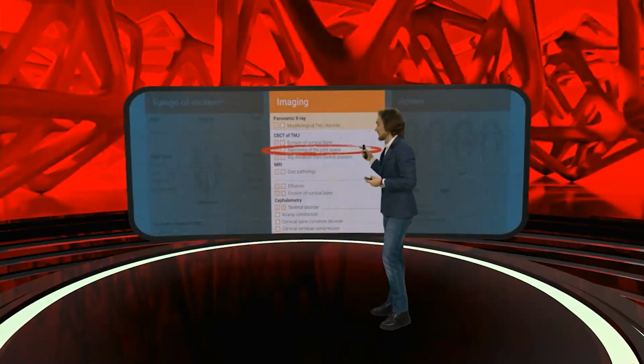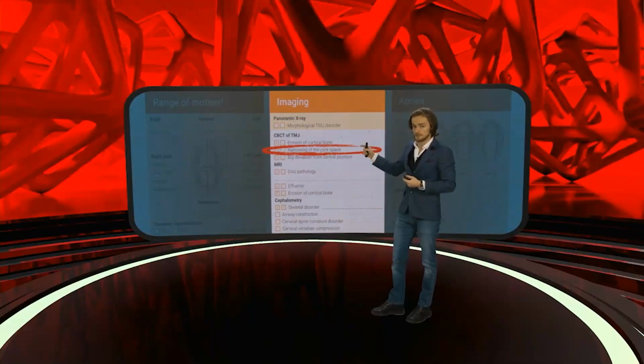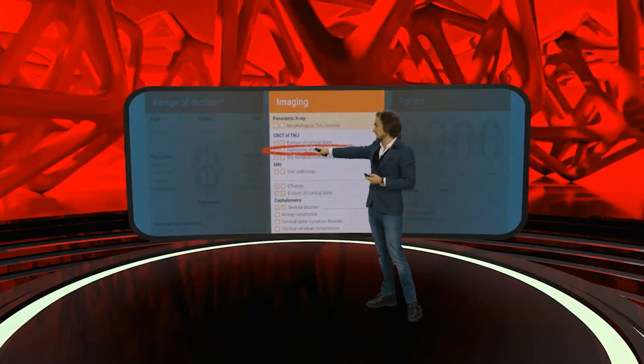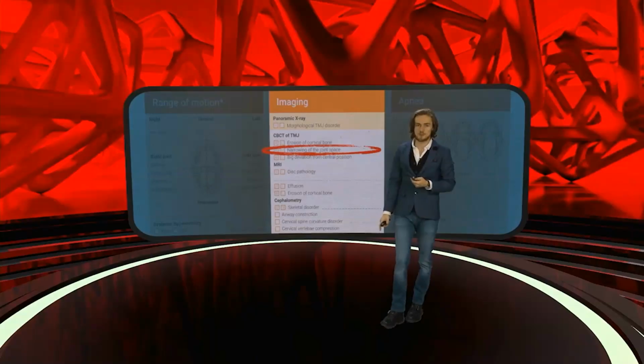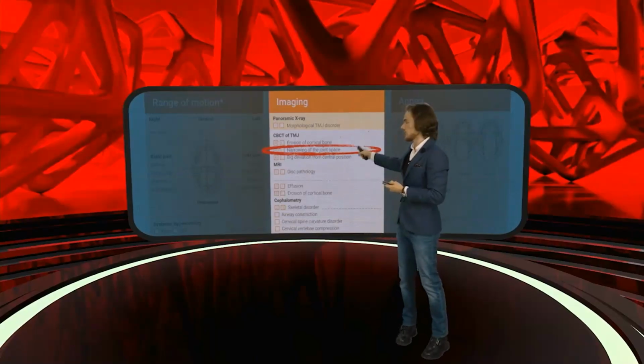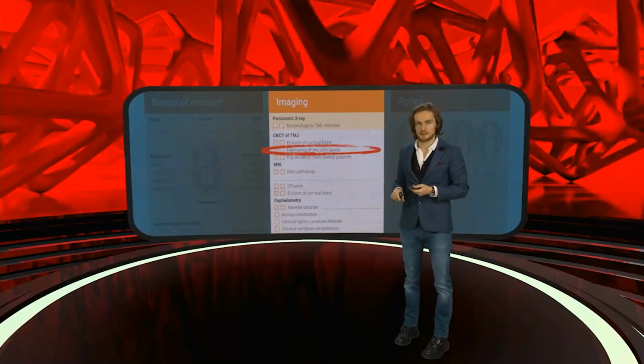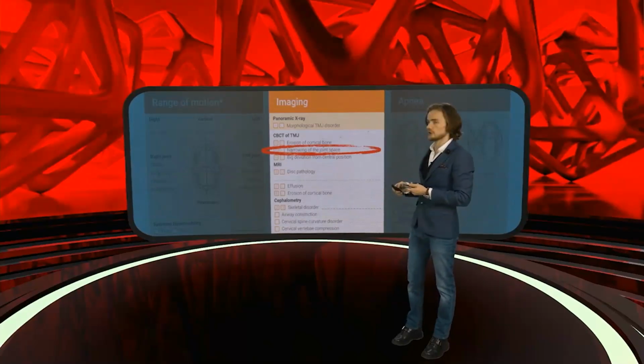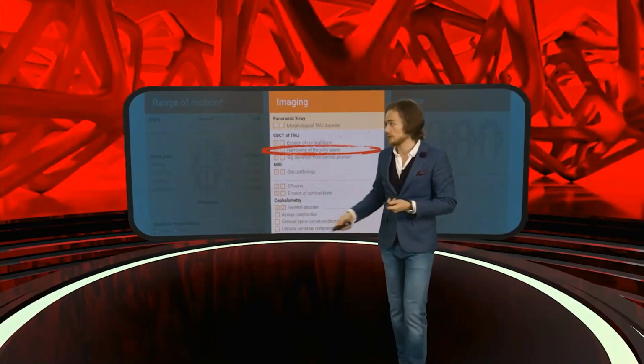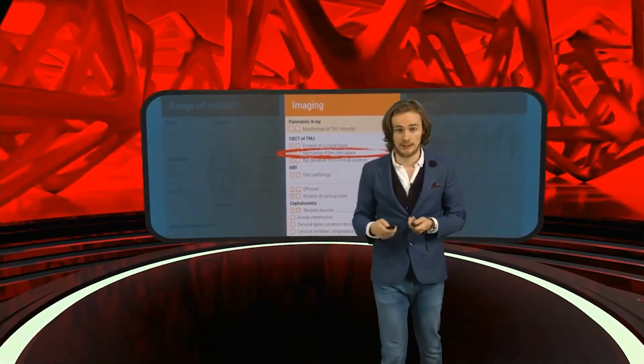So when you look at our diagnostic chart and we take the imaging, you see that there is a narrowing of the joint space. So this is where we sign in here. Narrowing of the joint space. We will discuss every single part of it today, so you'll know exactly how to make the diagnosis.